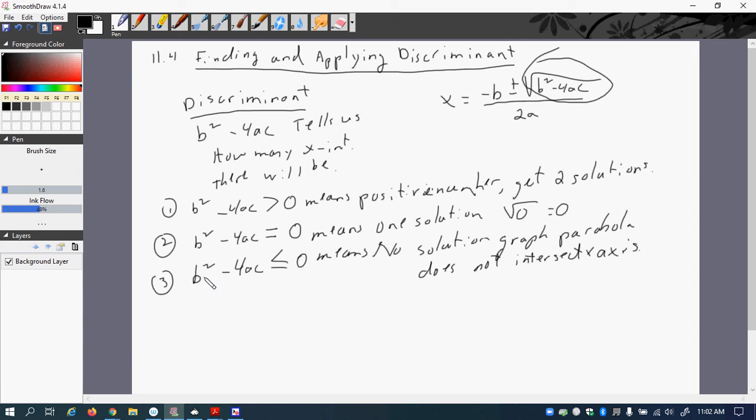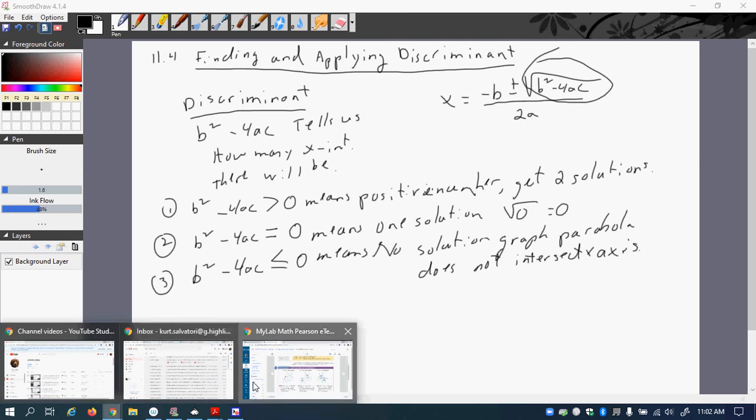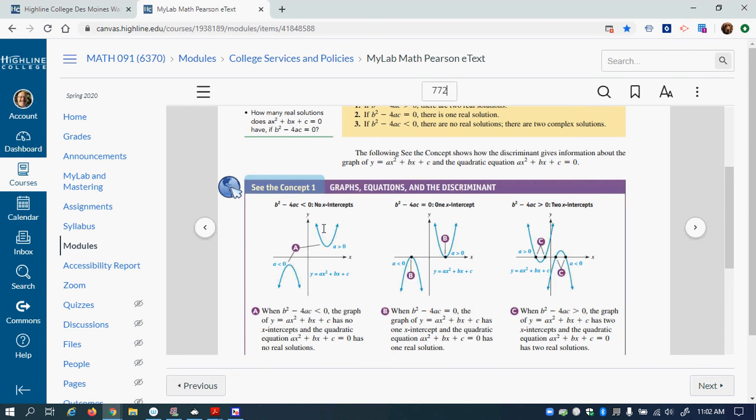And so if you look at the book, and I'm on page 772, it shows the three cases and even a nice beautiful visual of what they look like. So here it is where you have a negative, which is less than 0. The only numbers that are negative will be less than 0. That just tells us you're not going to get any solution, so it's either going to be a graph going downward or a graph going upward.